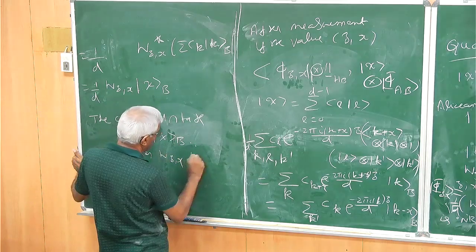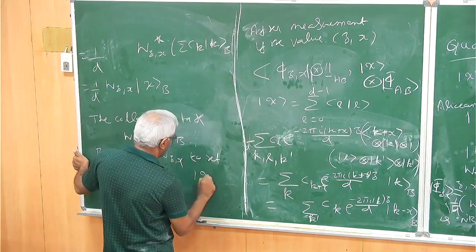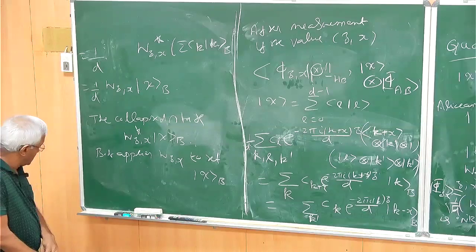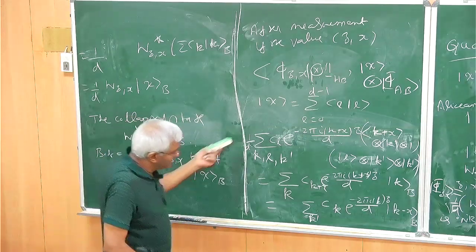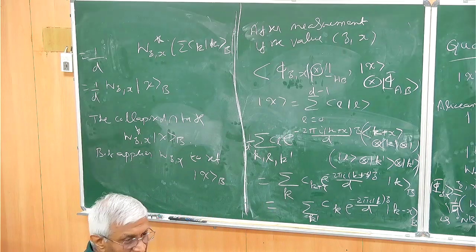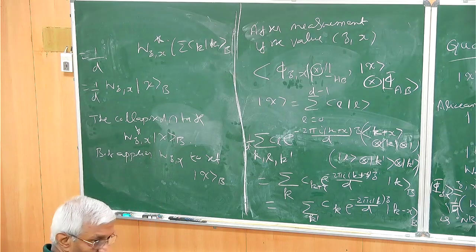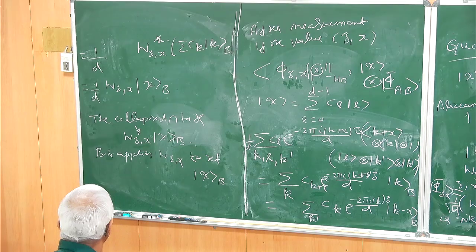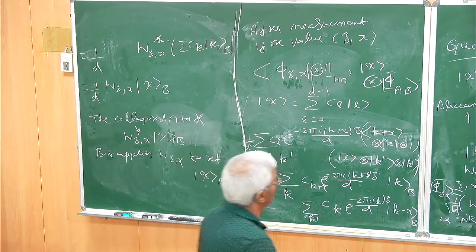Bob applies WZ to get this. So this is an example of what we discussed as LOCC channel, local operation classical communication channel. The operations are local. The communication is through classical means. So this is an example of that.